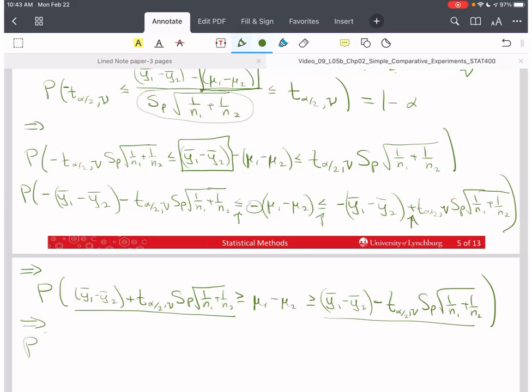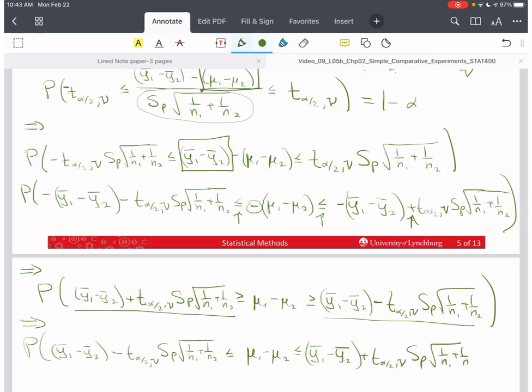And so this tells us that we have the probability that y1 bar minus y2 bar minus t alpha over 2 nu s sub p square root 1 over n1 plus 1 over n2 is less than or equal to mu1 minus mu2, and that is less than or equal to y1 bar minus y2 bar plus t alpha over 2 nu s sub p square root 1 over n1 plus 1 over n2.